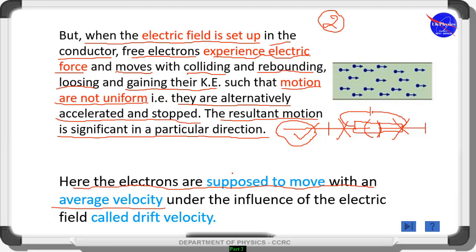So we suppose that the electrons move with a single average velocity at the instant under the influence of the electric field, and this average velocity is called drift velocity.